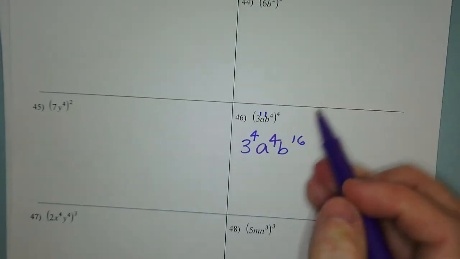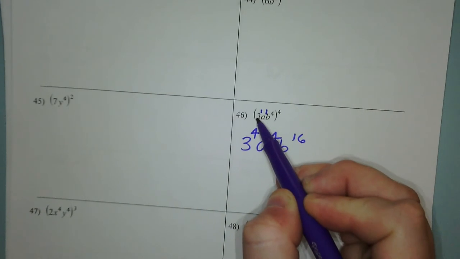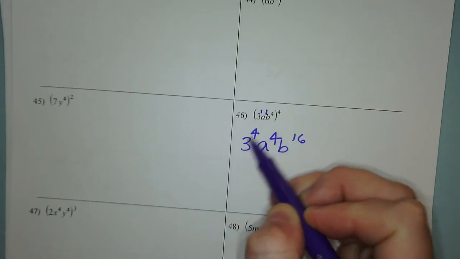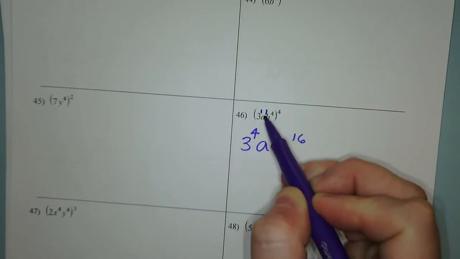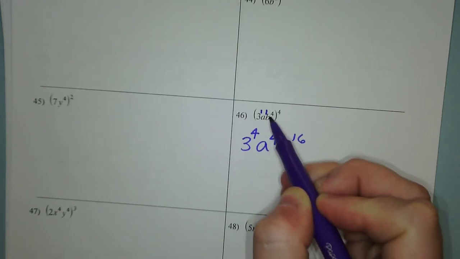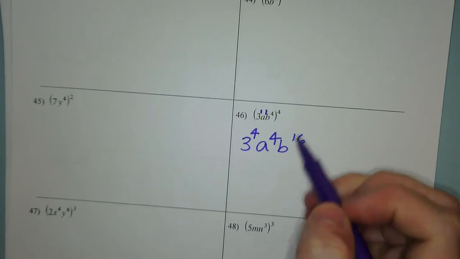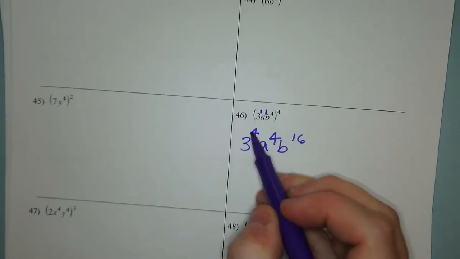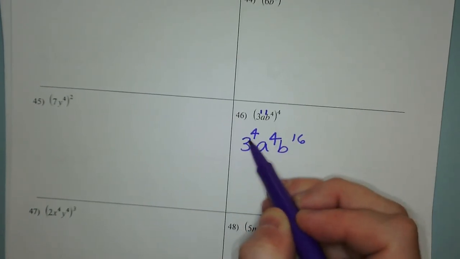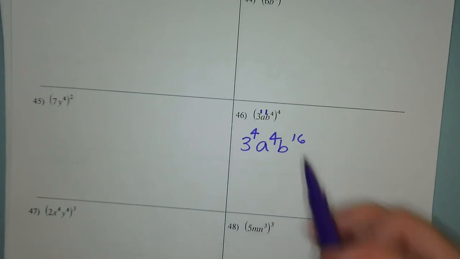So to recap, you got to raise the 3 to the 4th power, there it is. You got to raise the a to the 4th power, there it is. And you got to raise b to the 4th power, there it is, okay? And whether or not you go on to say 3 to the 4th power is 81, I'm not overly concerned about that.